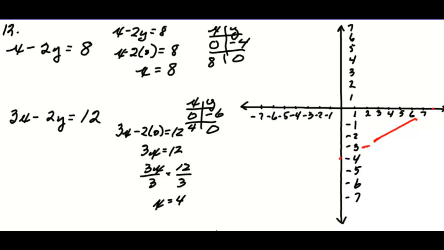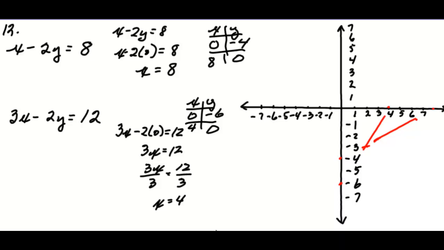Now we plot those points. x is 0, y is negative 6. That's clear down here. And then when y is 0, x is 4. That's up here.